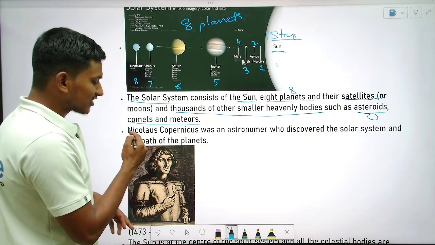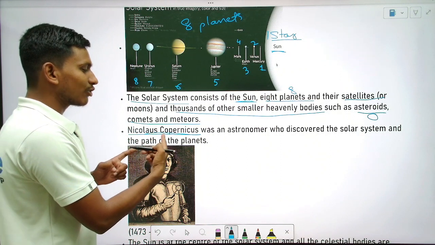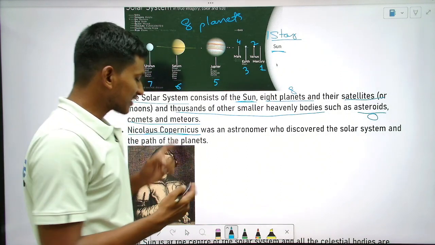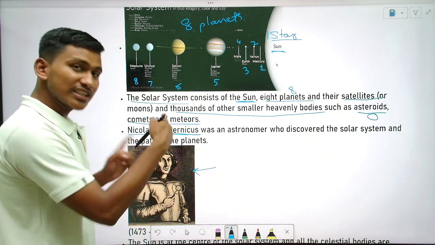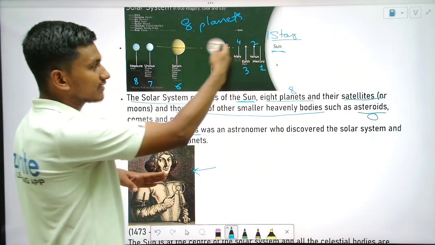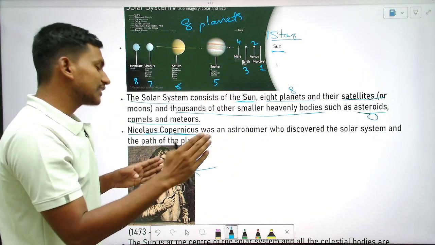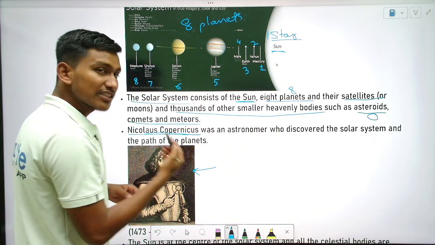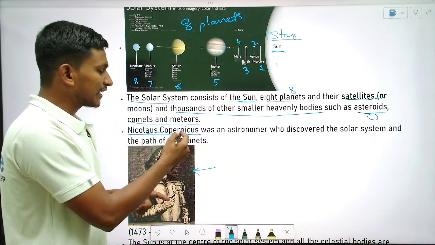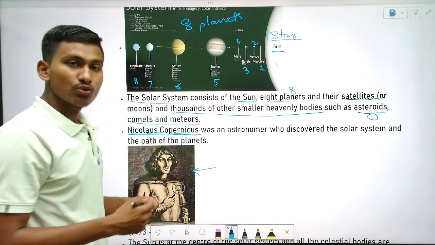The solar system was given by whom? Nicholas Copernicus. This person gave this: the sun is in the center, and after that these are the planets, and this is the order. He studied first, found everything, and gave the details about it. That is Nicholas Copernicus.